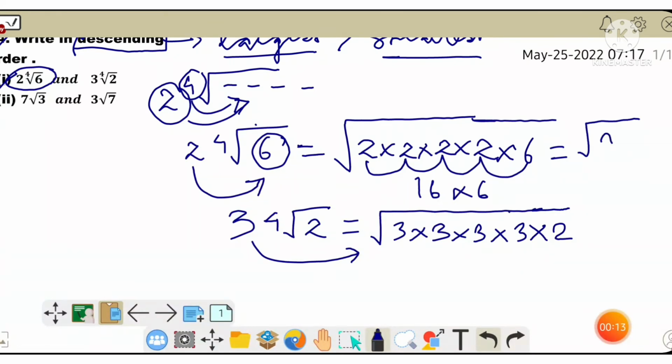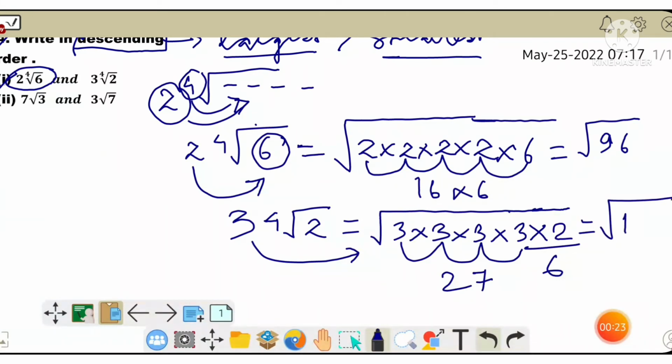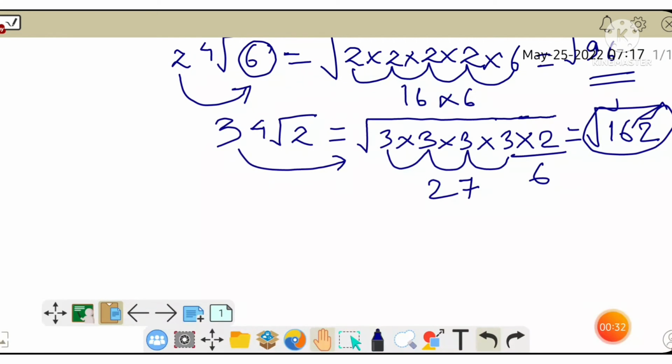Root 96. Next we have 3 3s are 9, 9 3s are 27, 27 3s are 81 and 81 into 2 is 162, fourth root of 162. So here we got 162 is the largest and 96 is the smallest. So the descending order is fourth root of 162 is greater than fourth root of 96.